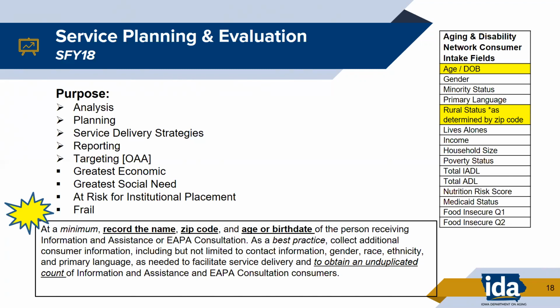The Older Americans Act identifies the target population as those in greatest economic need, those in greatest social need, those at risk of placement, and frail. You can refer to the reporting manual for definitions of what is meant by greatest economic need, greatest social need, at risk of placement.